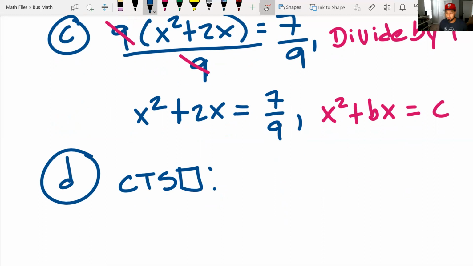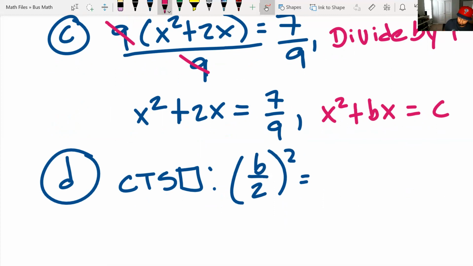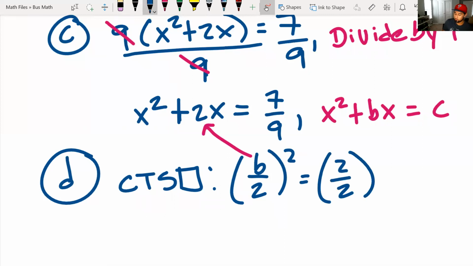Remember that it's b over 2 squared, and our b value is 2. It's the middle term's coefficient. So we'll get 2 over 2 squared, which gives me 1 squared, which is 1.